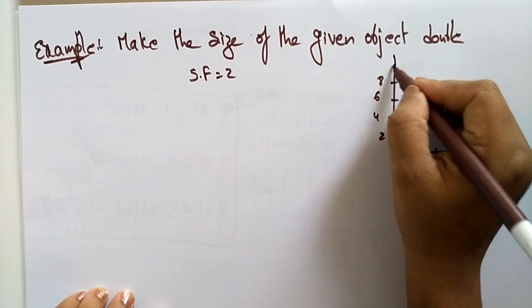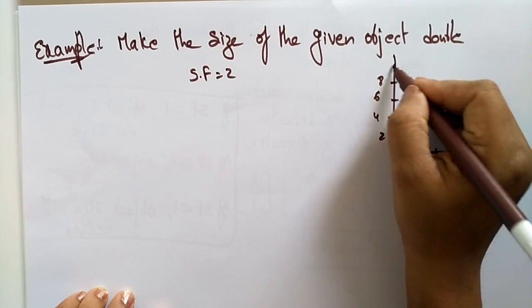Double means the object size has increased.